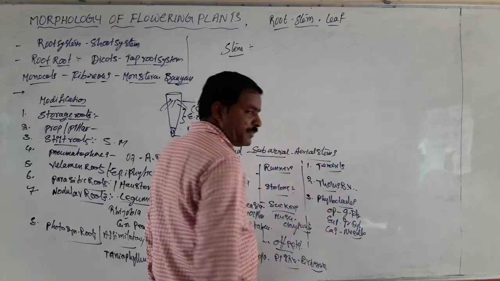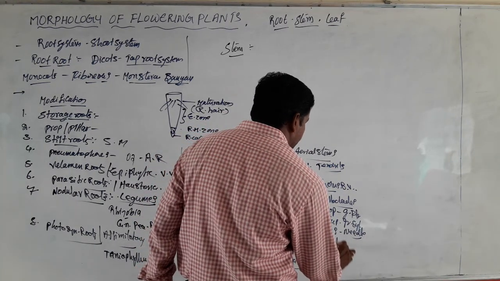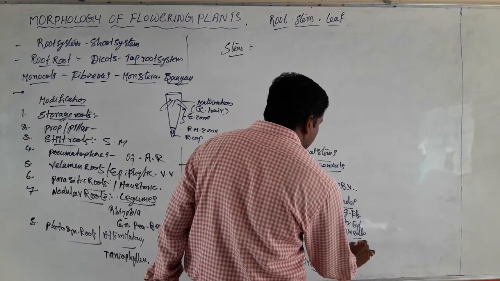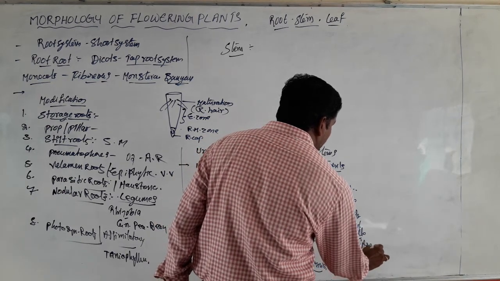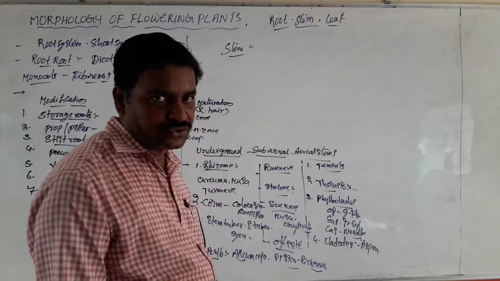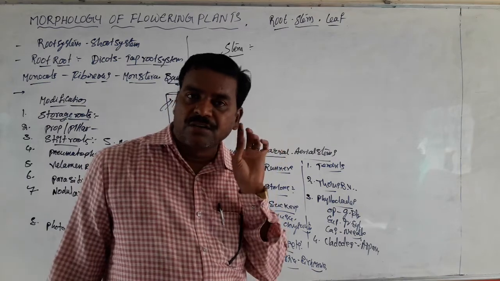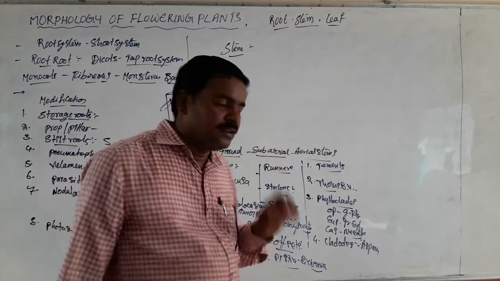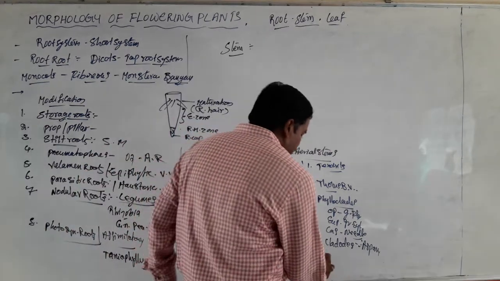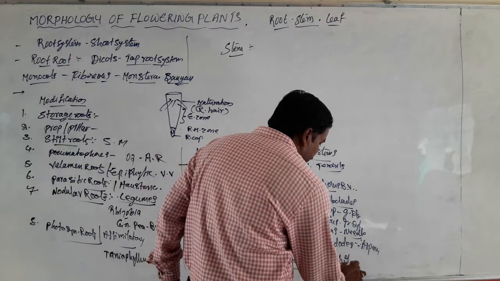And the next modification is cladodes. Example, asparagus. Single internodal branches develop, and they perform photosynthesis. And the last one is bulbils.